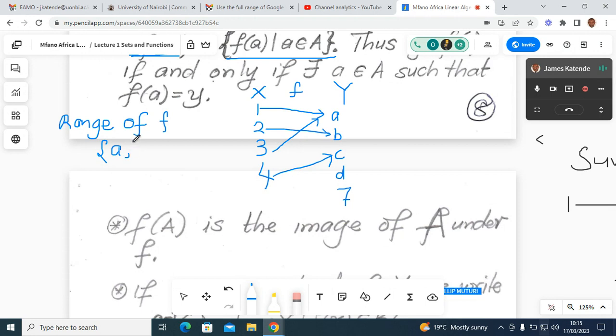In this case, the range will consist of just the elements A, B, and C. That gives us a range of a function. That one is just repetition of what we saw yesterday.